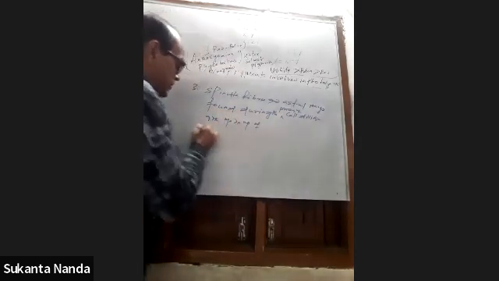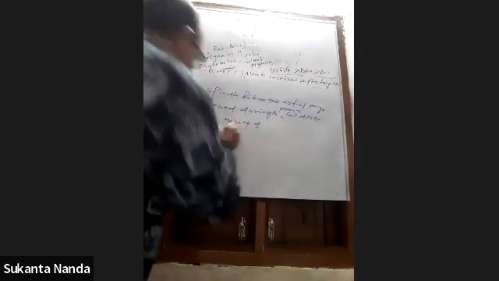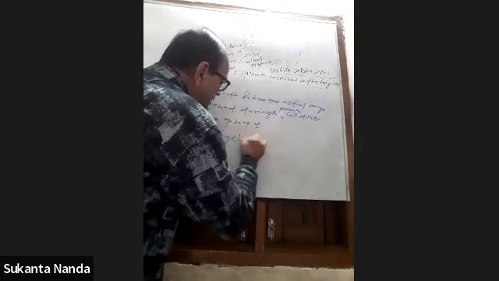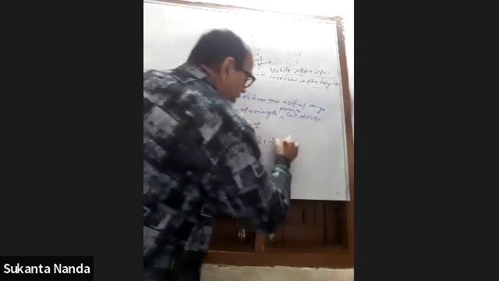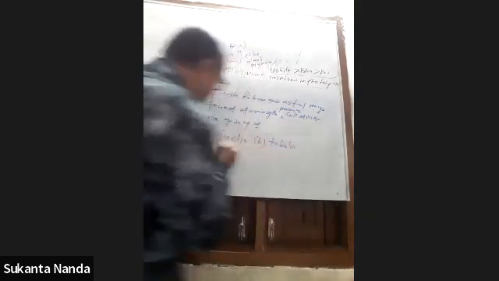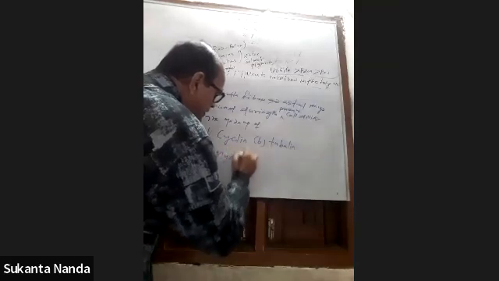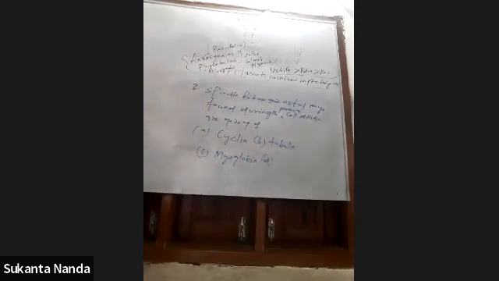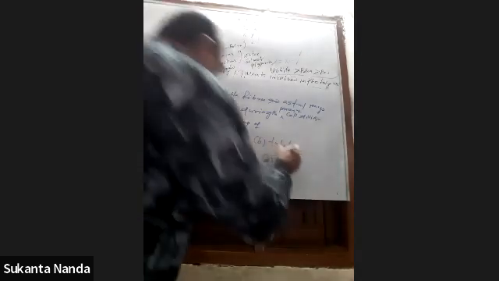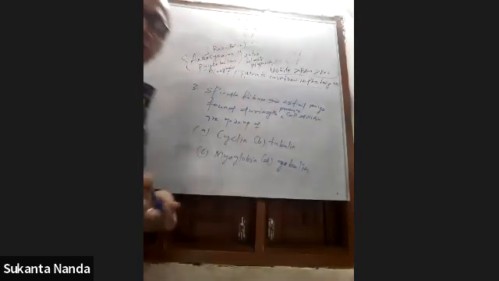Students, very carefully you have to answer all the questions. A, cyclin. B, tubulin. C, myoglobin. And D, globulin. Which one is the right answer, students?